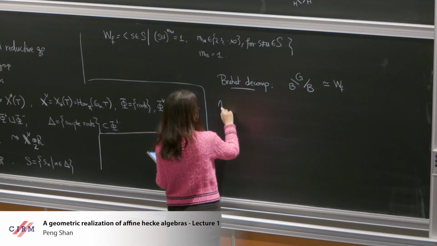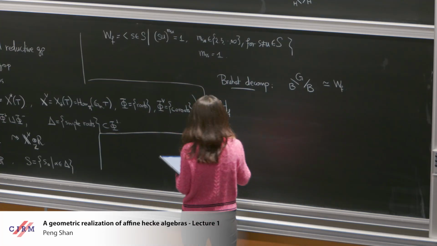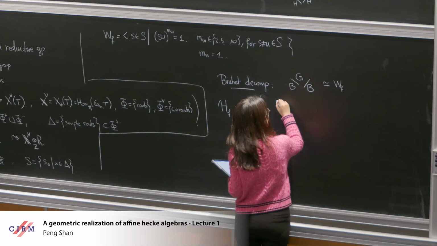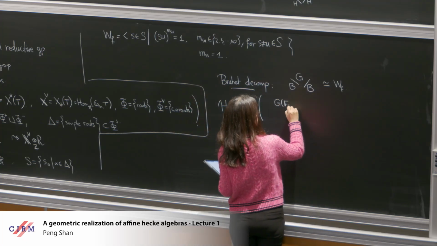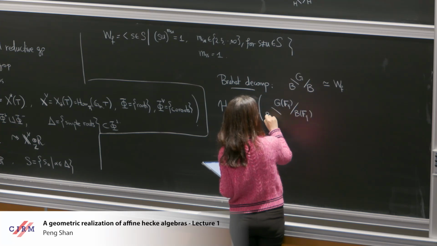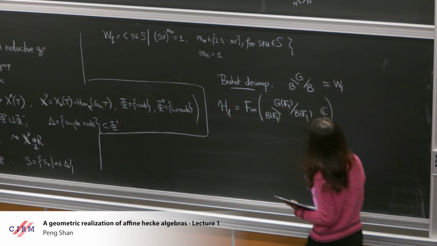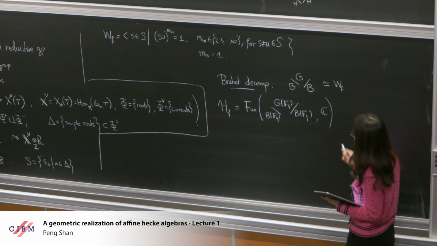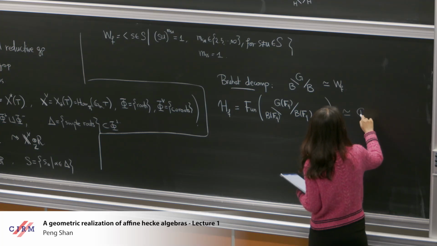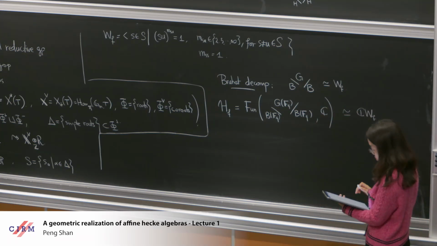And so the Hecke algebra, I write an F because this is the finite Hecke algebra. It's just functions on G(F_q) quotient by B(F_q) with value in C. And because of this, you observe as a vector space, it has a basis indexed by elements in the Weyl group.